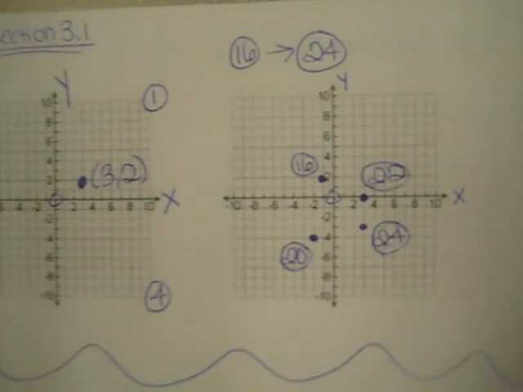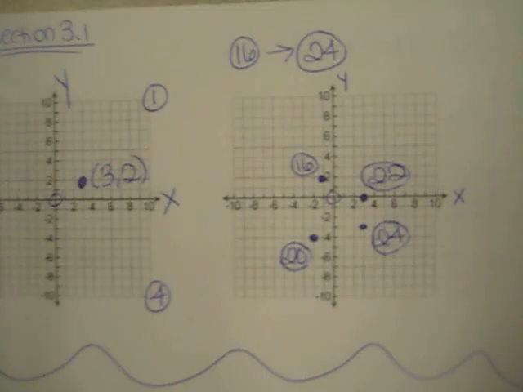A first degree equation has terms with variables with no powers greater than 1. First degree equations with two variables are straight lines, so they're called linear. Equations with two variables can be written in the form ax plus by equals c, where a, b, and c are real numbers. A and b are both not equal to 0. In that form, ax plus by equals c is called standard form.